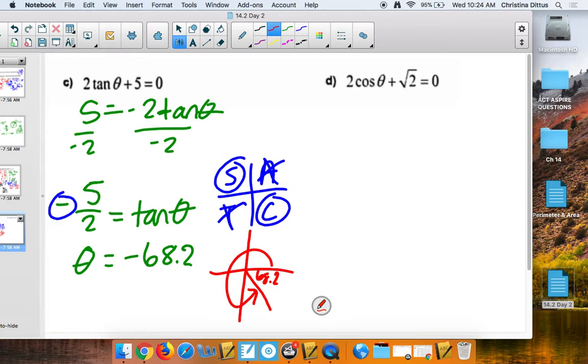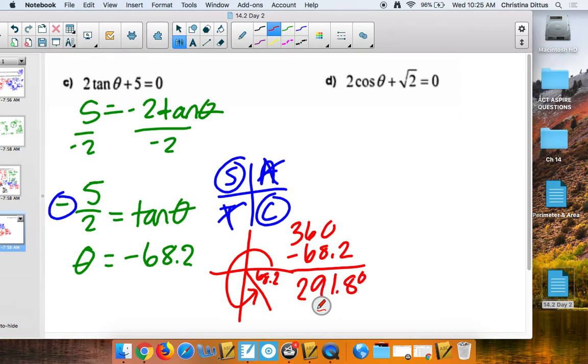So how do I figure out what that is? Minus it from 360. So I have 360 minus 68.2. Or if you had your negative, you could add it, either way looking at it. 291.8. Yeah.